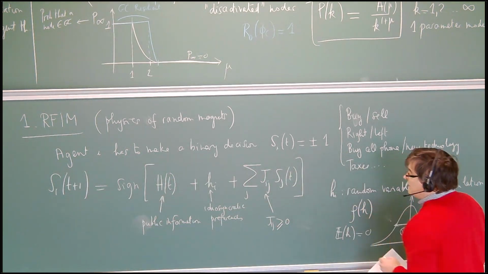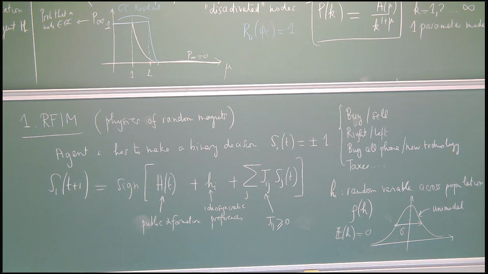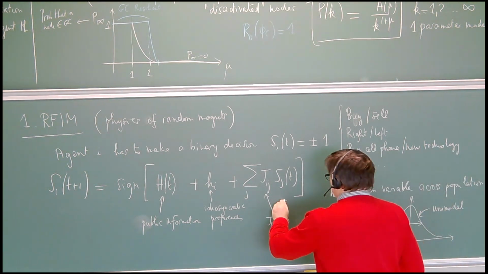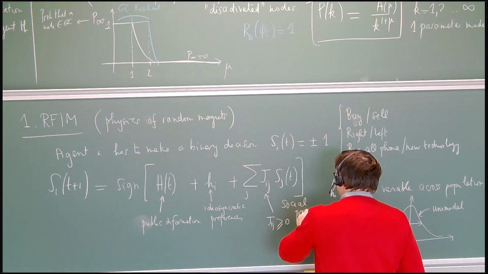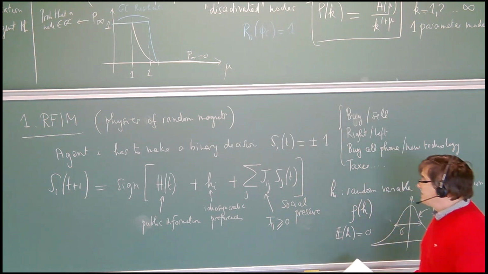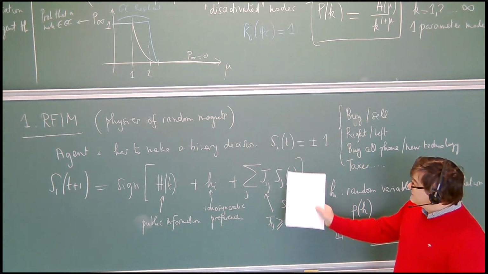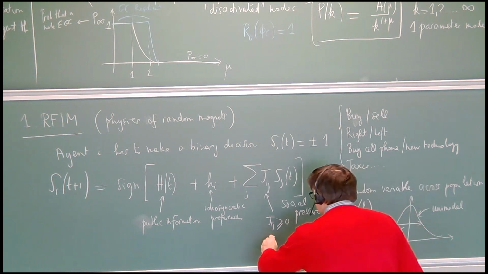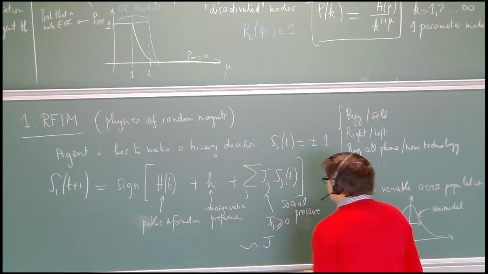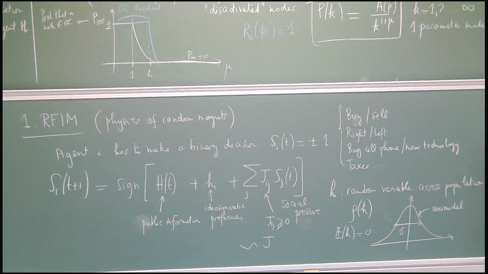And finally, the imitation term, the social pressure term, is characterized by some J's. And so J gives you another scale in the problem, if you want. Sigma is one scale, and these J's, so I'm going to assume that these J_ij's are all of order J if they exist.